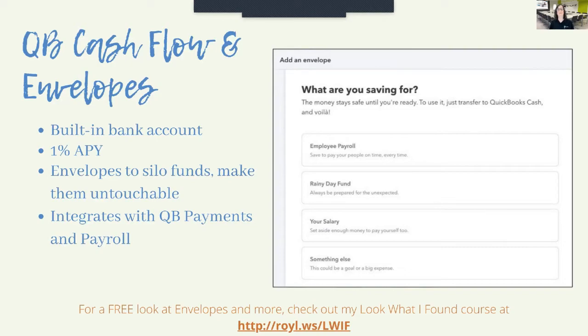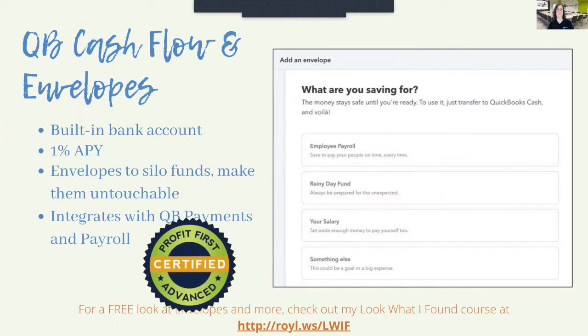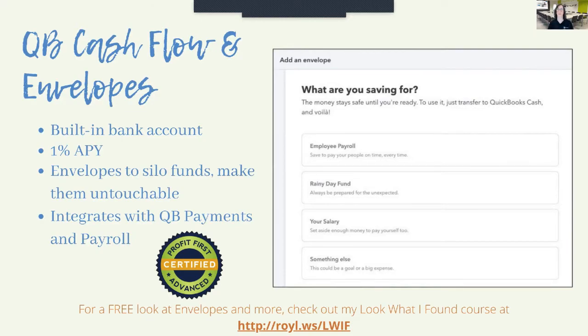One of the things that's really cool about the QuickBooks cash flow bank account is this concept of envelopes. If any of you have ever heard of Profit First, it's the perfect solution for Profit First. You can create envelopes where you silo off this money.